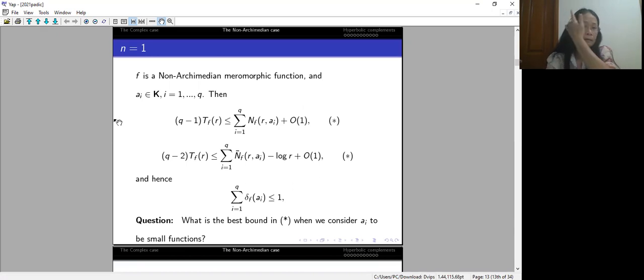And then in the case n is 1, that means f is a meromorphic function, what we get for the bound is q minus 2 replacing q minus 1 in complex K. And when the zeros don't ignore multiplicity, then the number we get here is exactly the same as in complex K, only we add some smaller term on the right side. And therefore the bound on the defect function: the sum of the defects is smaller than 1.